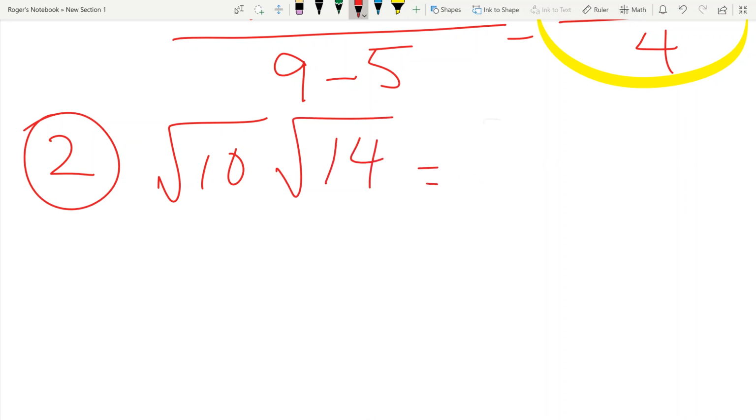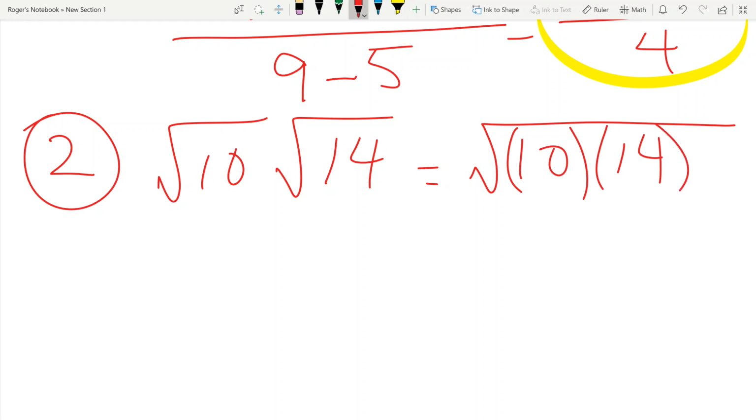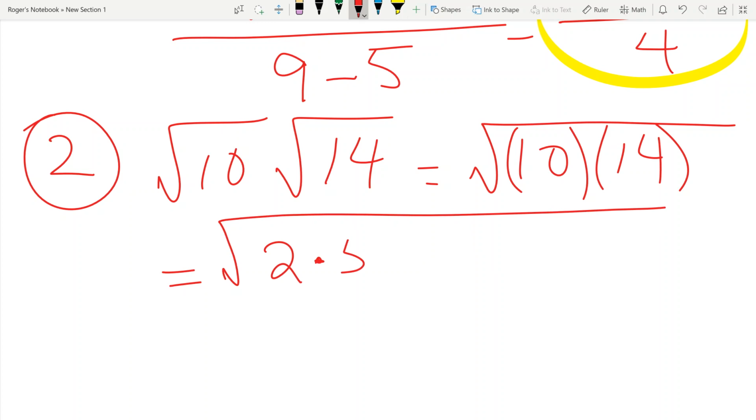Well, first of all, this is equal to the square root of 10 times 14, which is equal to the square root of 2 times 5 times 2 times 7. 2 times 5 is the prime factorization of 10, and 2 times 7 is the prime factorization of 14.